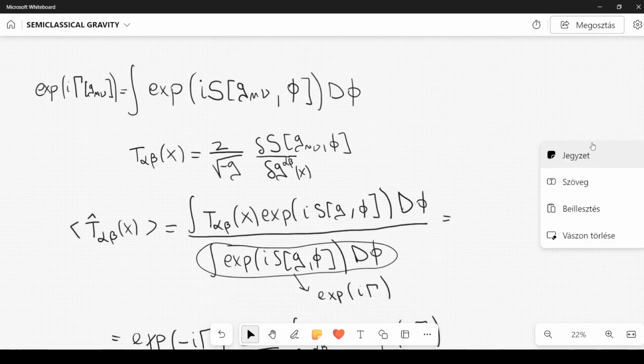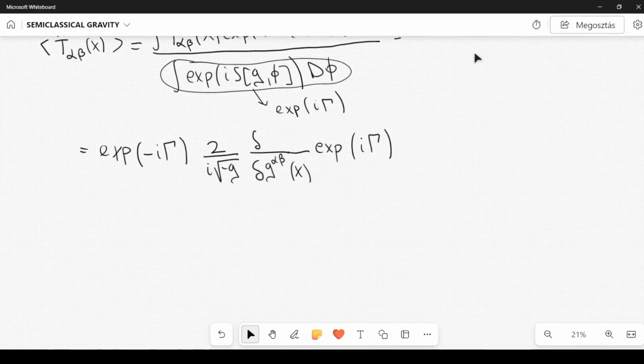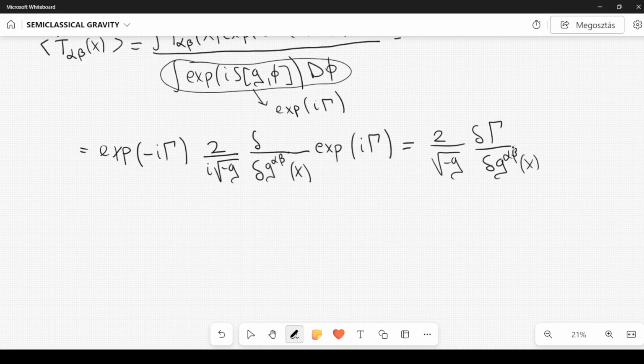The derivative of the exponential is the exponential itself multiplied by the derivative of the argument of the exponential. So this is the formula that we get. And this can also be written more simply like this: 2 divided by the square root of minus g, the functional derivative of gamma with respect to g alpha beta. Gamma depends on the metric tensor g mu nu, or g alpha beta, whatever.